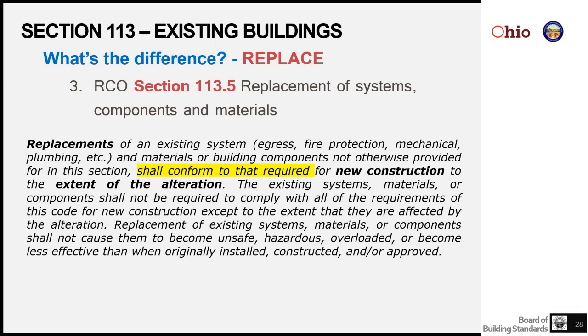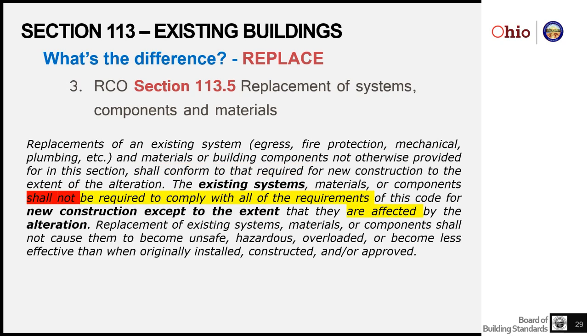Basically a replacement, and this is going to deal primarily with existing systems in the building, that replacement itself shall conform with the requirements for new construction, and again, to the extent of the alteration. The existing systems shall not be required to comply with all of the requirements for new construction, except to the extent that they are affected by the alteration.